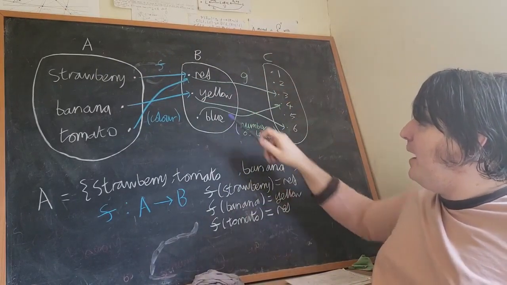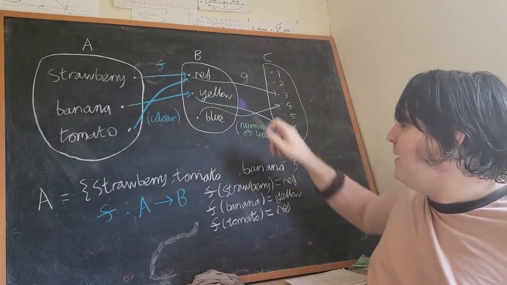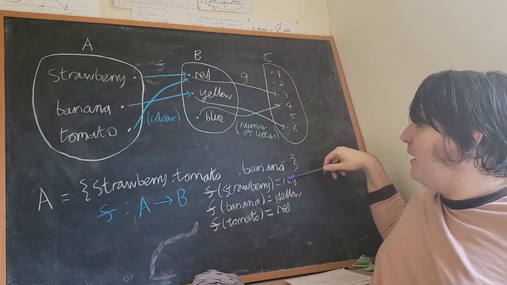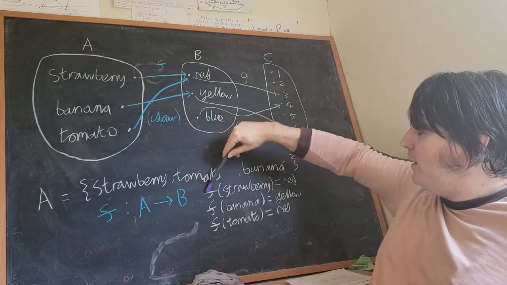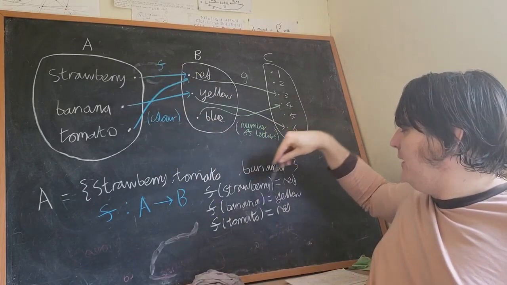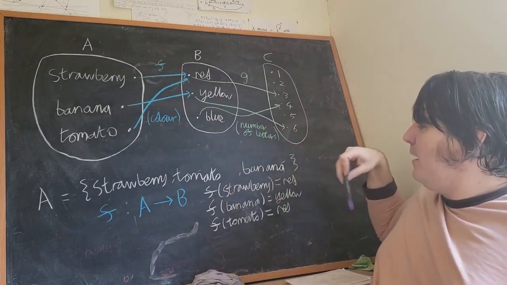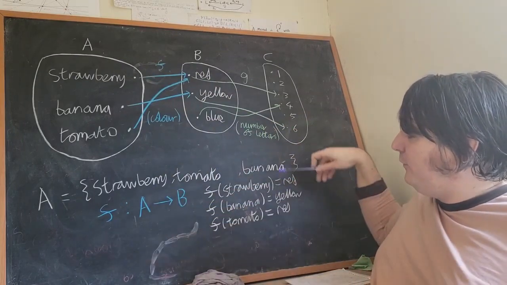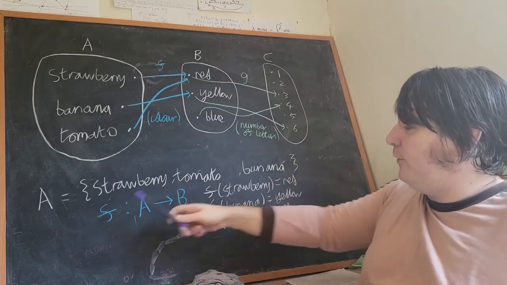So we say that f maps strawberry to red. The way that this function works on these other values in set A is given here. So this is really a complete description of this function f.